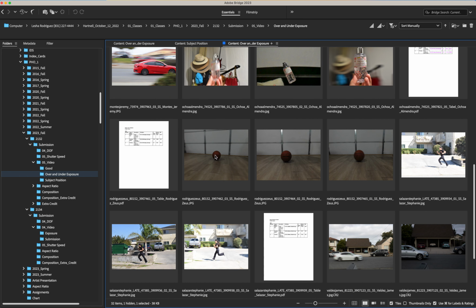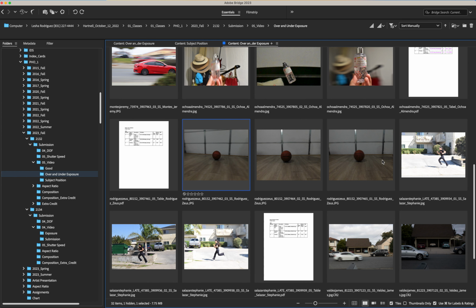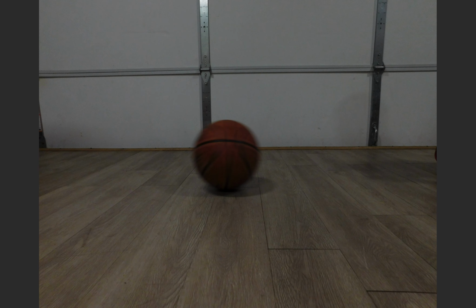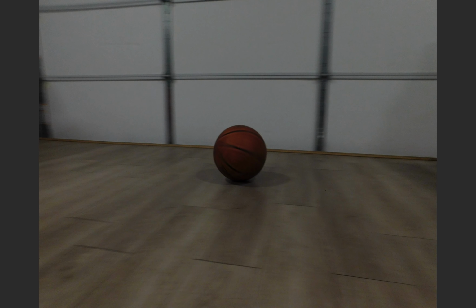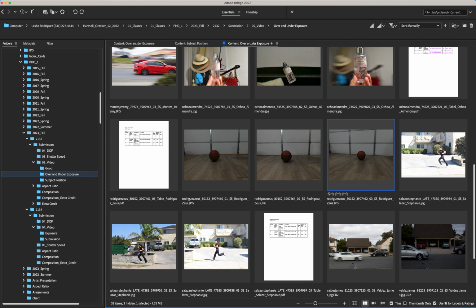Okay, so here we have a ball, and they're in the wrong order, so let me put them in the right order. In every case, although the capturing of emotion is right, they're slightly underexposed. Let's take a look at the table.